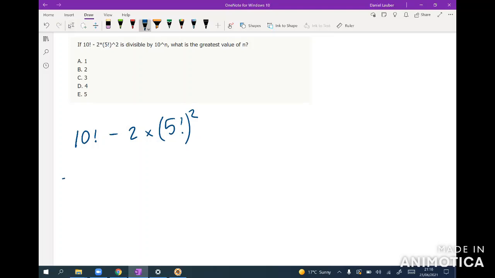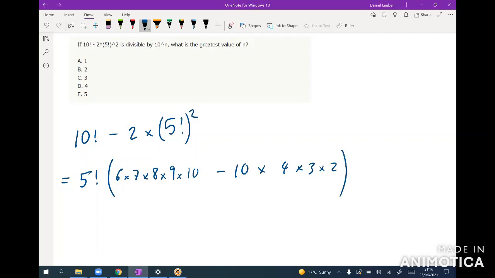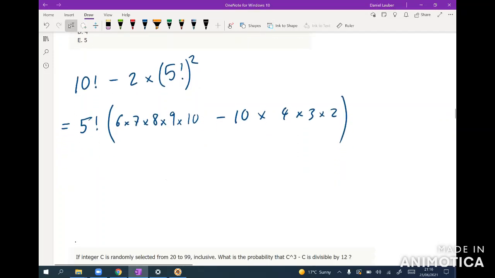So this is, let's factorize out a 5 factorial. This is 5 factorial times 6 times 7 times 8 times 9 times 10 minus 2. So in other words, 10 times 4 times 3 times 2, that second bit being the 5 factorial left in there. Okay.